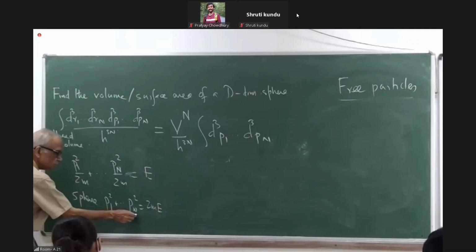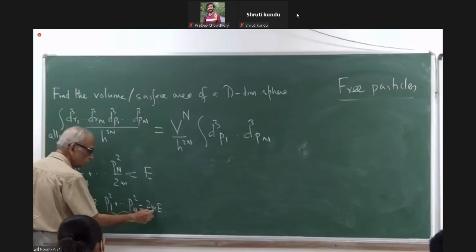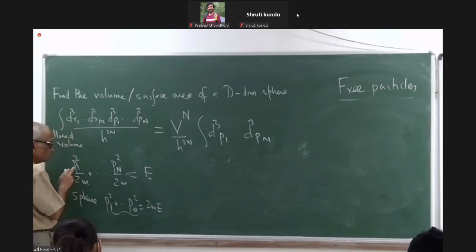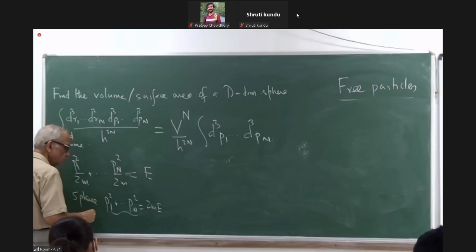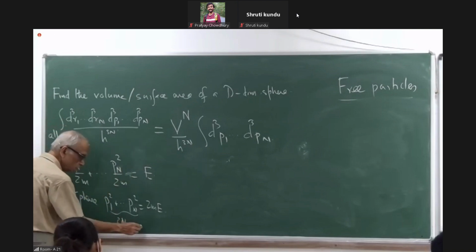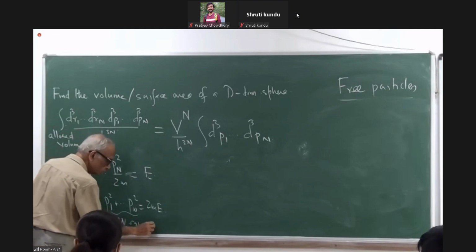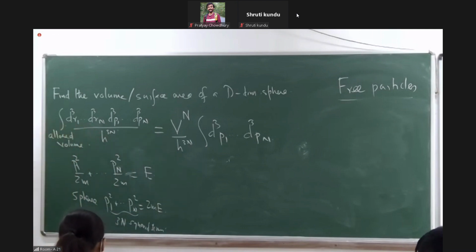So this is a sphere in the P space. The P space is 3n dimensional because I have Px, Py, Pz associated with each 1, 2, 3 to n. So there are 3n square terms over here, for each one x, y, z.